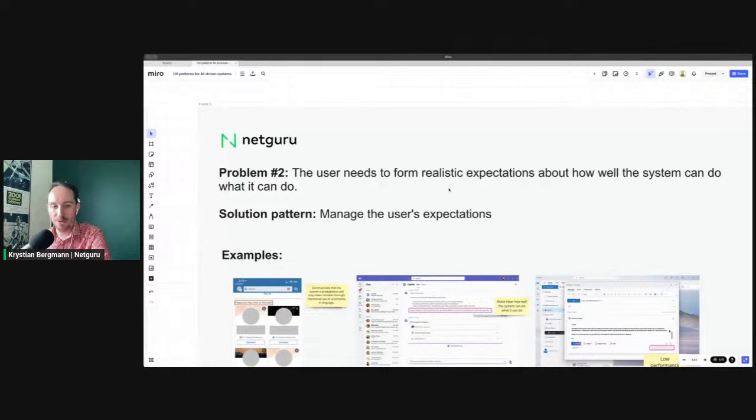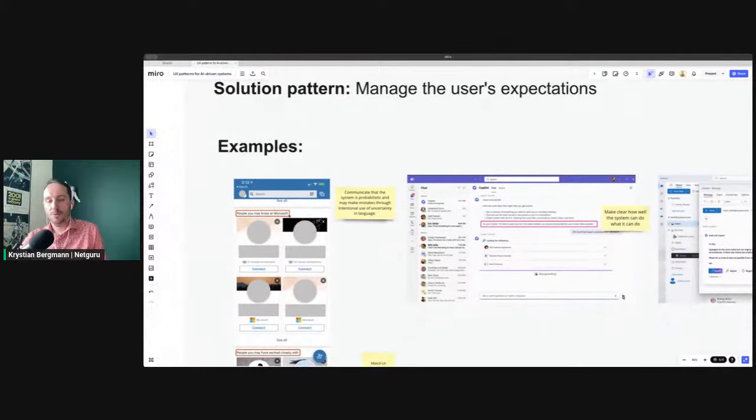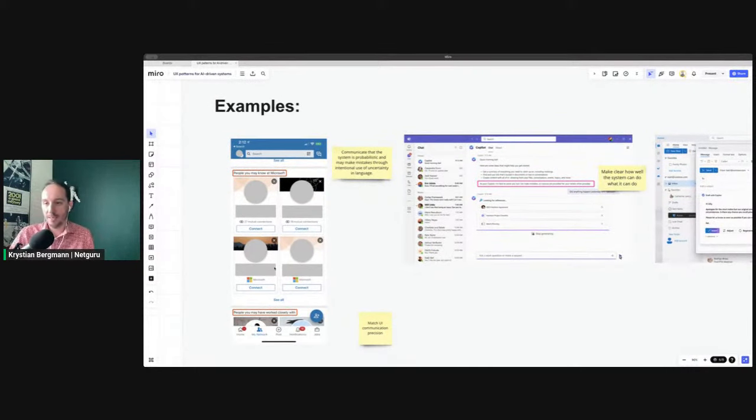So make sure that the system is transparent to your user and tells the user, hey, this is still, let's say, experimental technology, or the system may perform slower because of, let's say, increased traffic, right? So this is how to provide this transparent communication in the system, right?